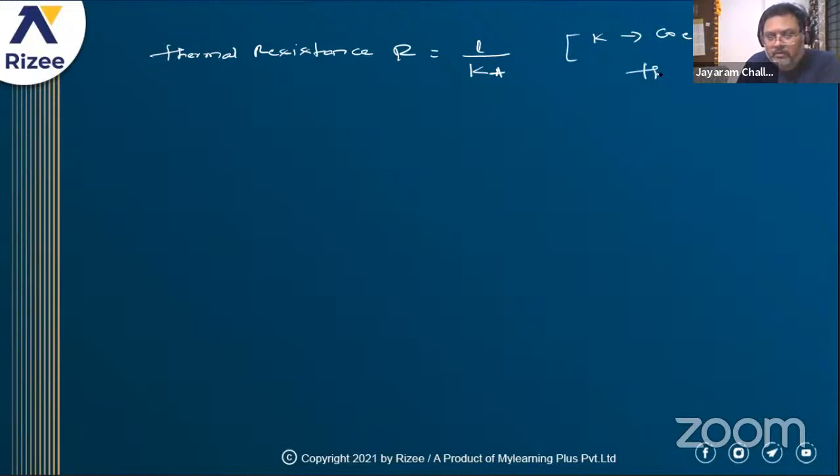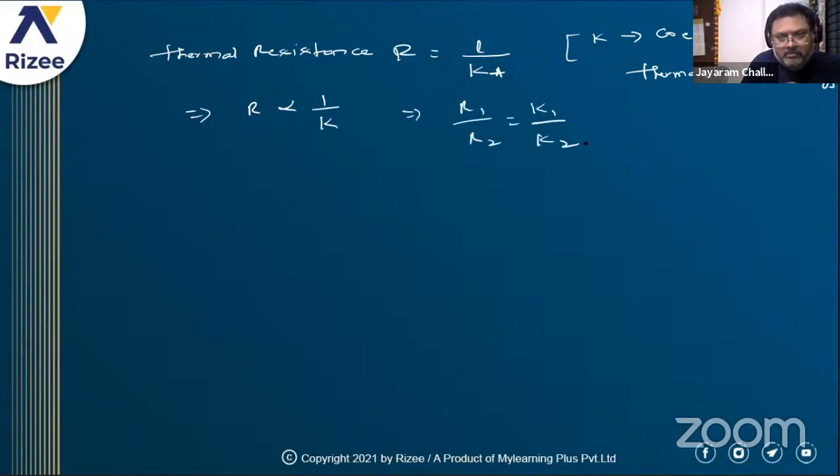From this relationship, we can say that the thermal resistance R is inversely proportional to K, since all other things are constant. So we can write thermal resistance R1 by R2 is equal to K1 by K2.